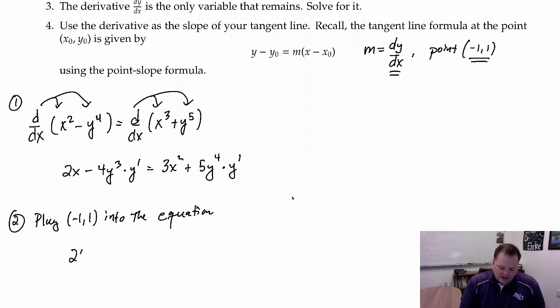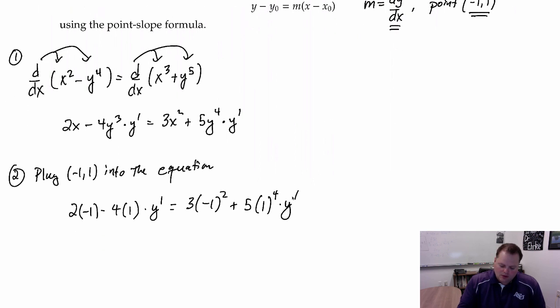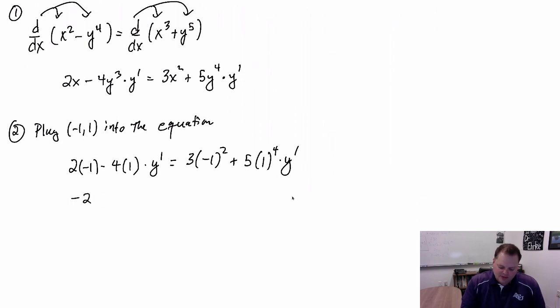Let's see, so x is negative 1, y is 1. All right, let's simplify that. So this is negative 2 minus 4y prime equals 3 plus 5y prime.